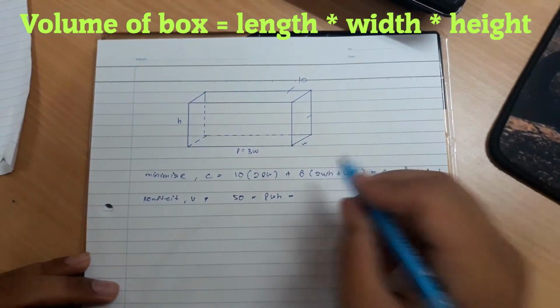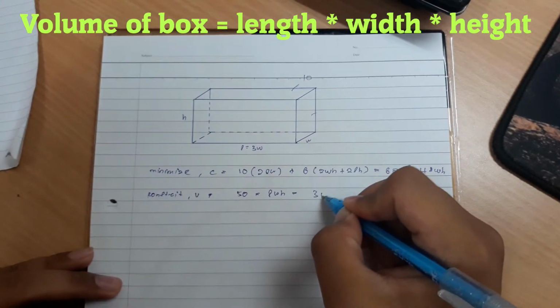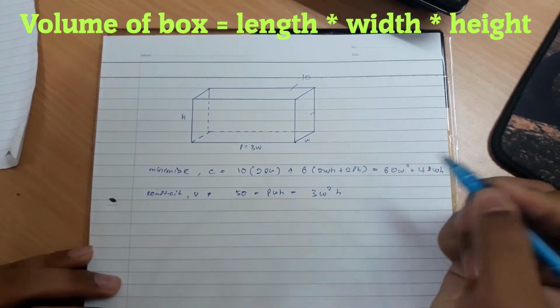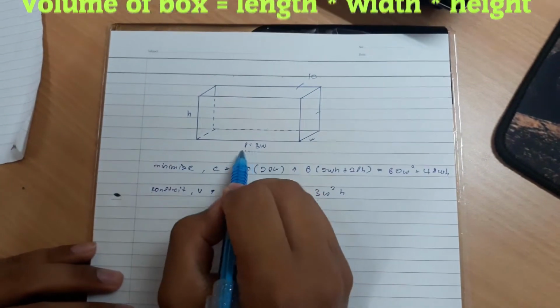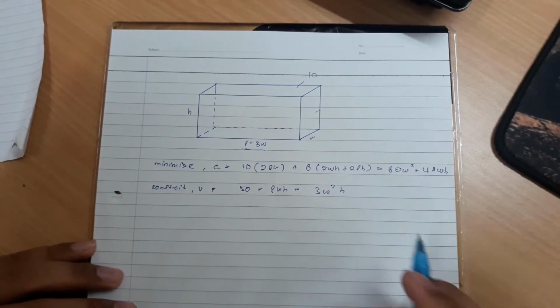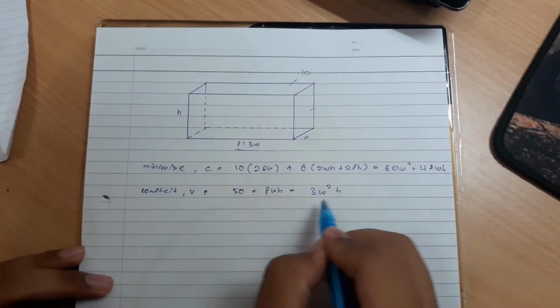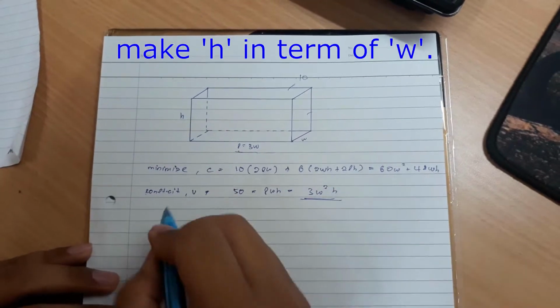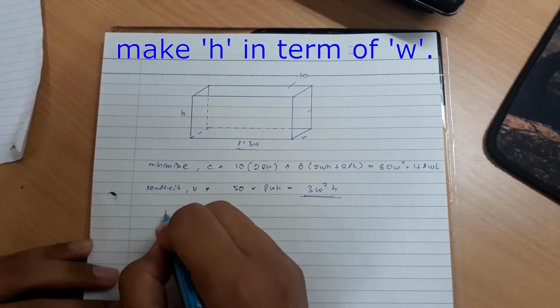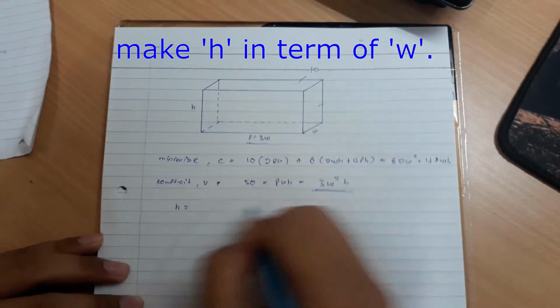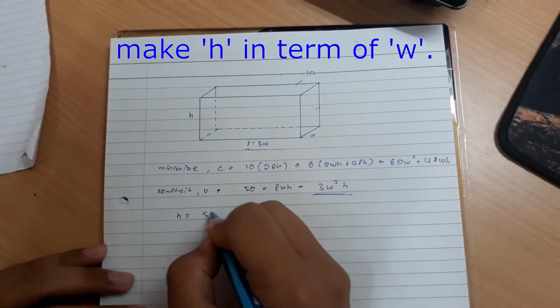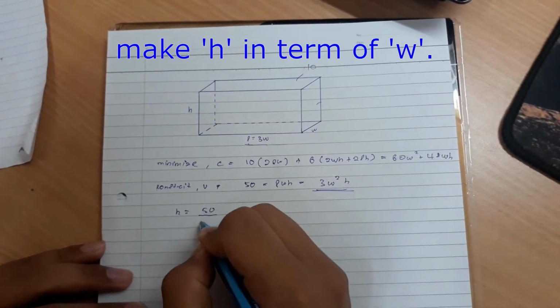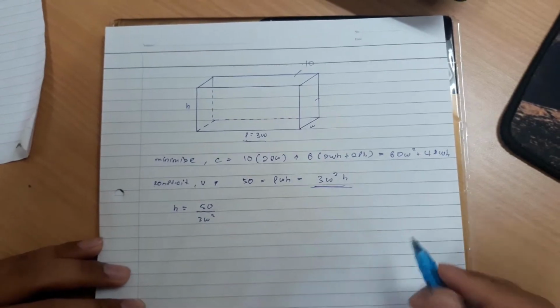We plug in the values, 3W times W times H. Next, based on the volume, we need to make H the subject. H equals 50 divided by 3W squared.